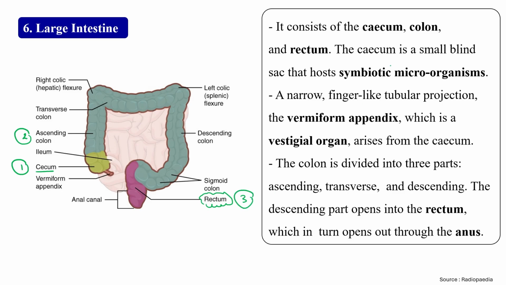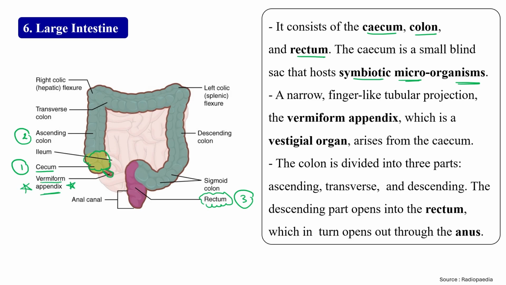Okay, so it consists of cecum, colon, and rectum. This cecum part is a small part, just the light green part, a small blind sac in which certain kinds of symbiotic microorganisms are also present. A narrow finger-like structure also projects from the cecum, which is known as the vermiform appendix.